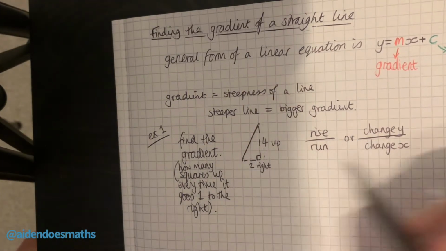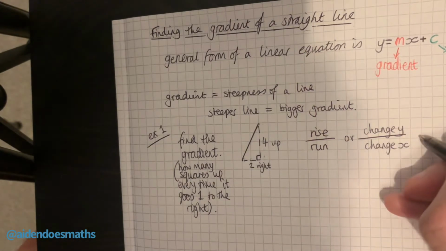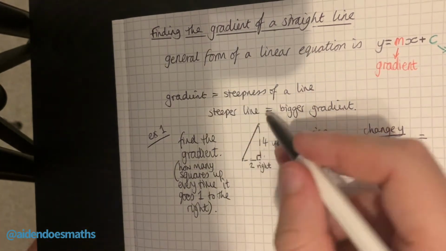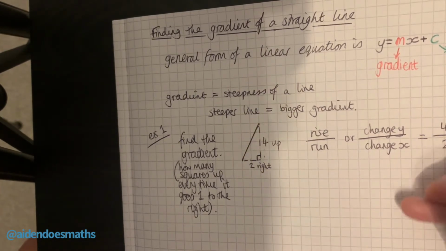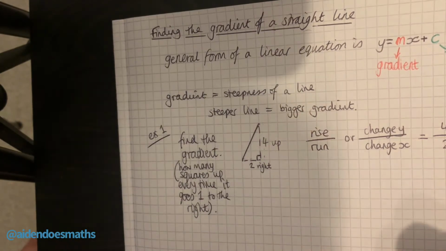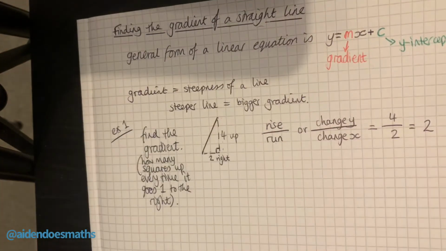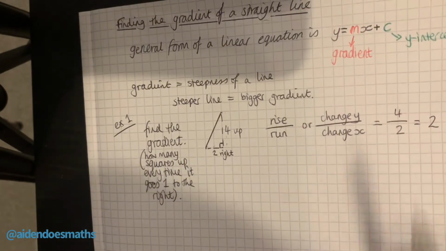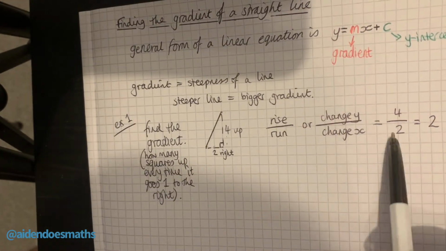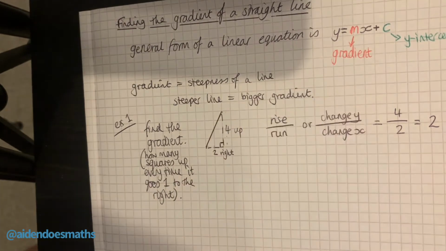So in this case, how many right we're going, so it's how much we go on the x-axis. So on our y-axis, our rise is 4. Our run, our x-axis, would be 2. So 4 divided by 2 gives us 2. Okay, so those of you who said gradient of 2, as we've seen here, it is correct. So if you worked it out this way, or if you just went 1 across and went up by 2.